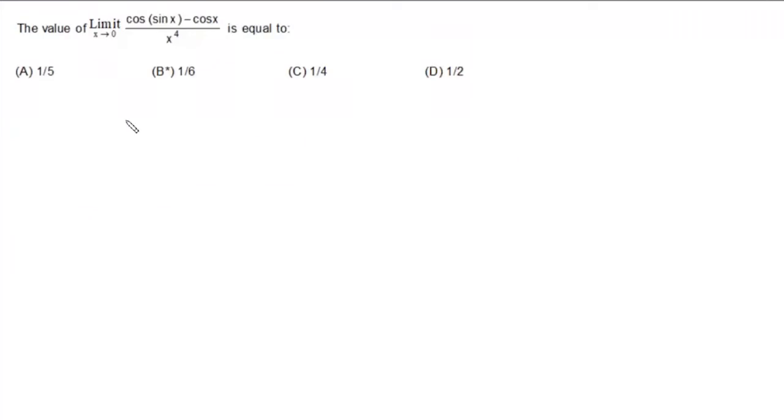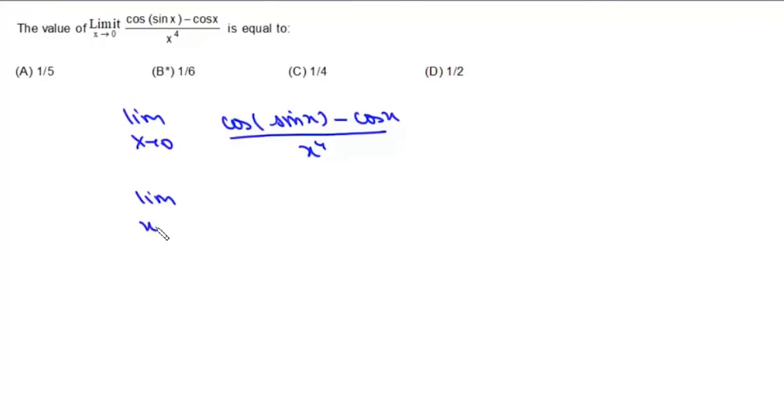Now here the question is, we need to find the value of this limit x tends to 0 cos of sin x minus cos x upon x to the power 4. Now what we'll do is, we'll use the formula for cos c minus cos d. So it will be 2 sine c plus d by 2, and there will be sin x plus x by 2, into sin d minus c by 2.